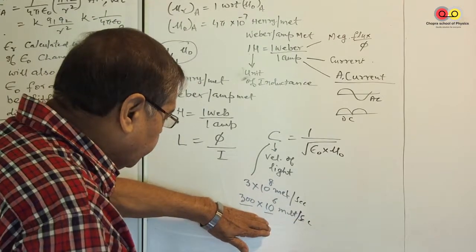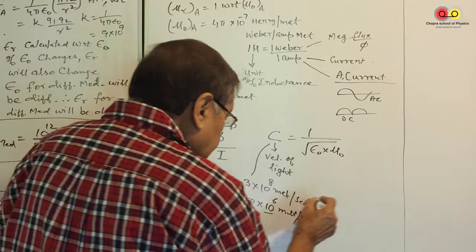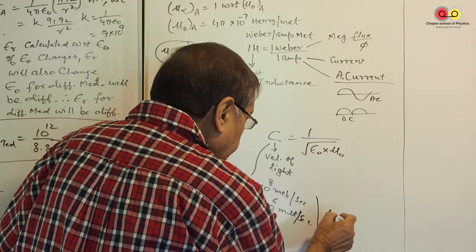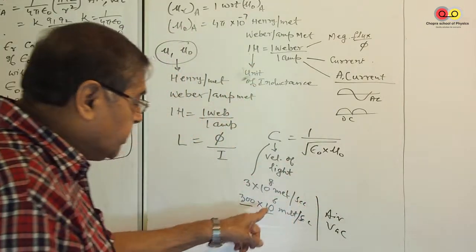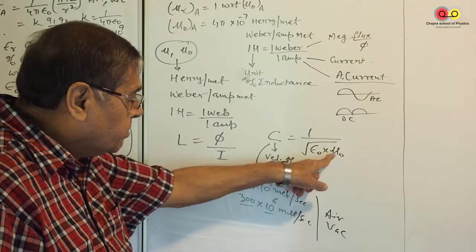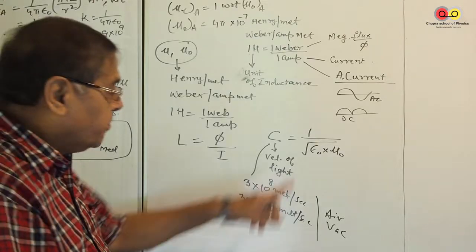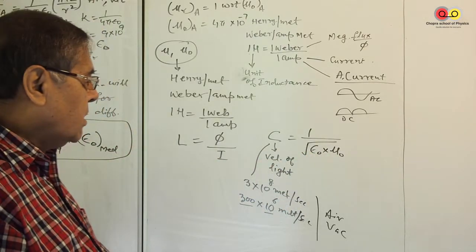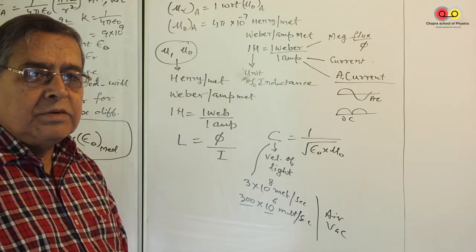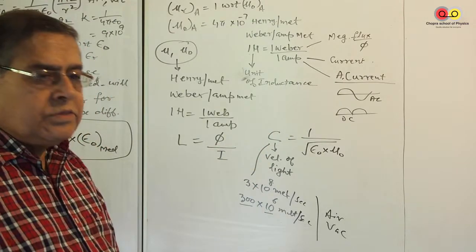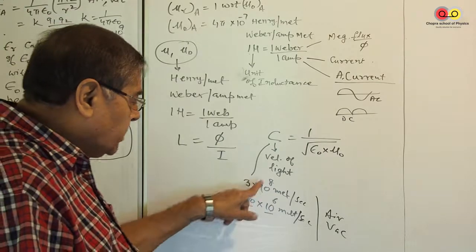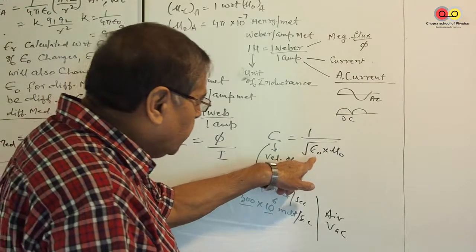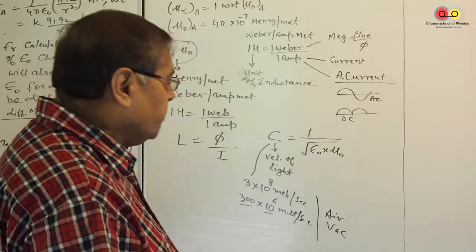This is the velocity of light, and this is in air medium or vacuum. If the medium changes, these two numbers will change. And if both these numbers change, the velocity of light will also change. So velocity of light is never constant. It varies according to medium. And how did we get this number? By taking both the numbers for air medium.